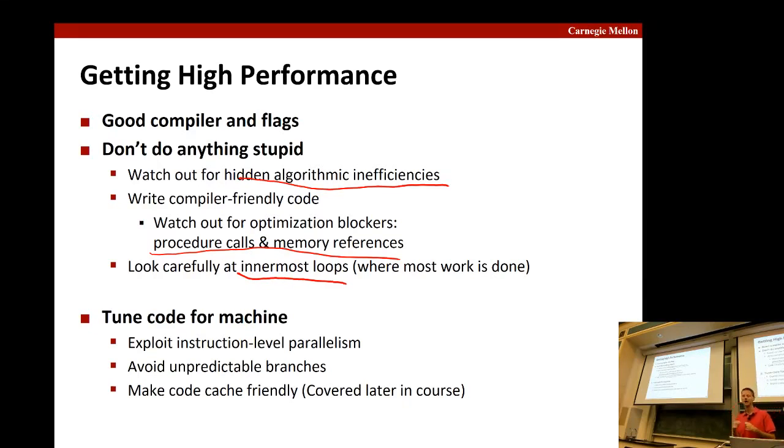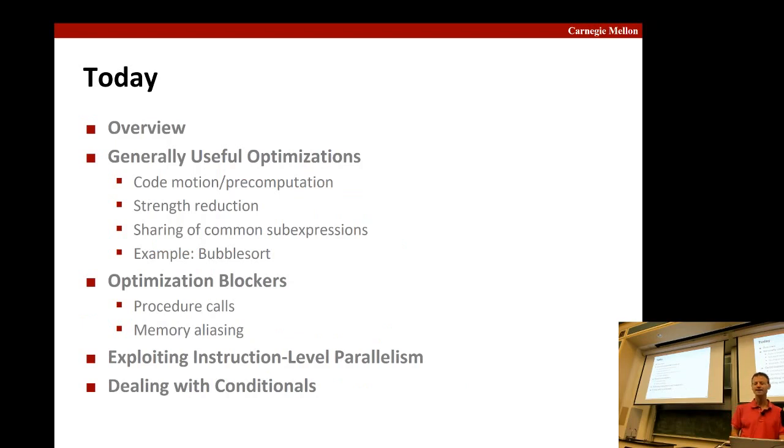That's where most of the work is done, so that's where a lot of the effort is often spent. What else? Yeah, instruction level parallelism, knowing the number of functional units. Again, the compiler will try to do this for you, but if you do things that aren't compiler friendly, you may get stuck. And we'll talk later about writing code that's CPU cache friendly, so you get more cache hits. Okay, and that's basically today's lecture.